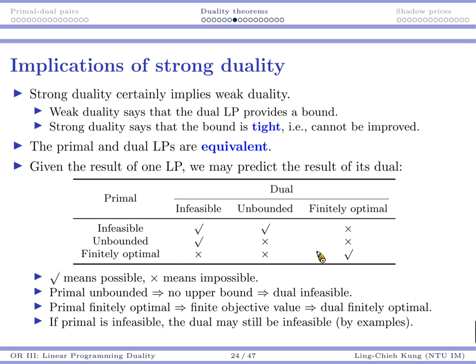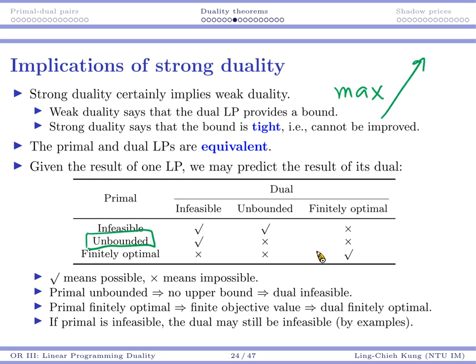Okay? So if your primal has a finite optimal solution, we know your dual must also have a finite optimal solution. Otherwise, they cannot be equal, right? So this is possible. And once your primal is finitely optimal, there's no way for your dual to be infeasible or unbounded, all right? There's no way. So suppose your primal is unbounded. Well, if your primal is unbounded, that means you may maximize your objective value to infinity.